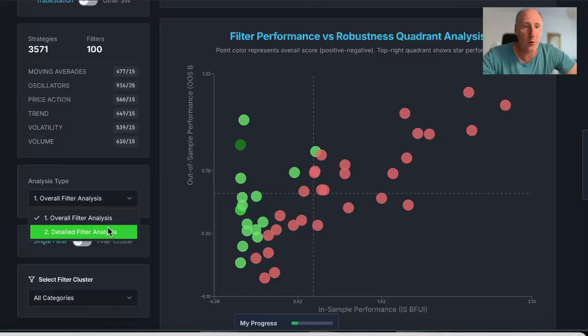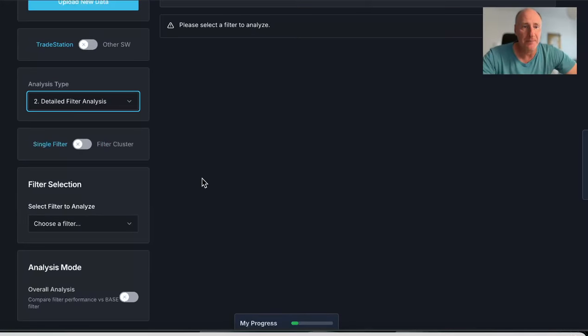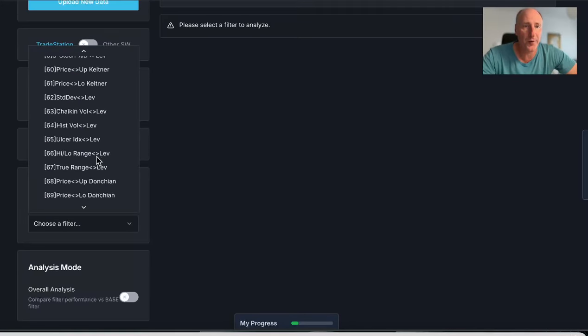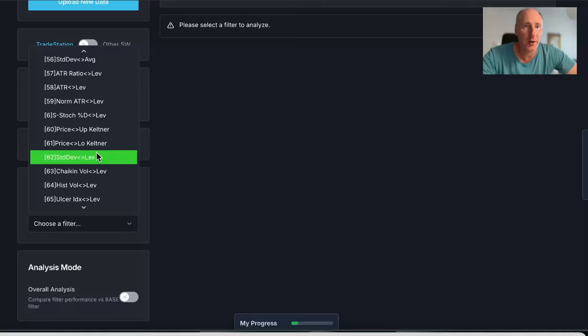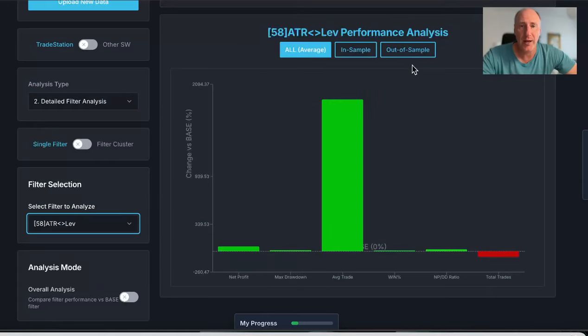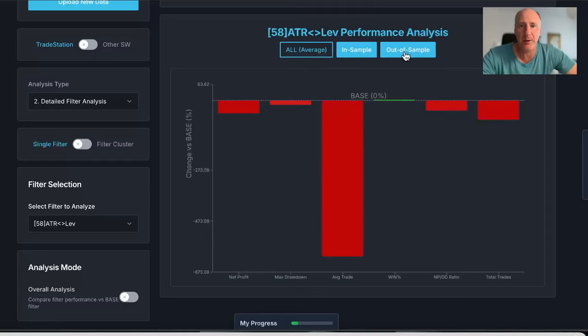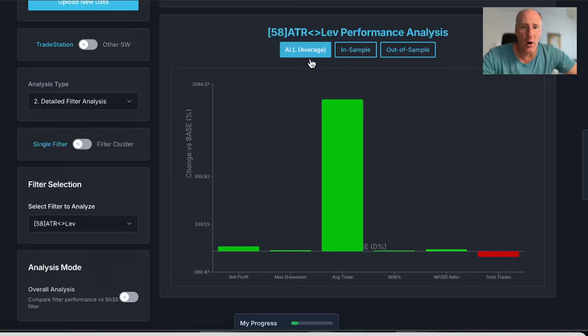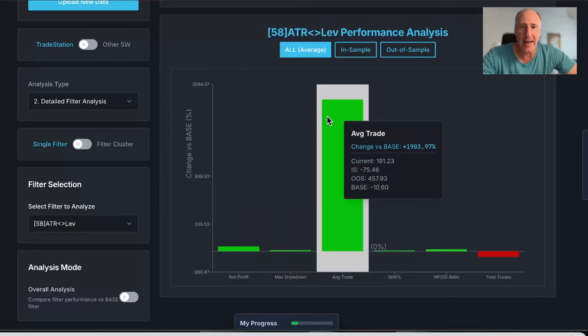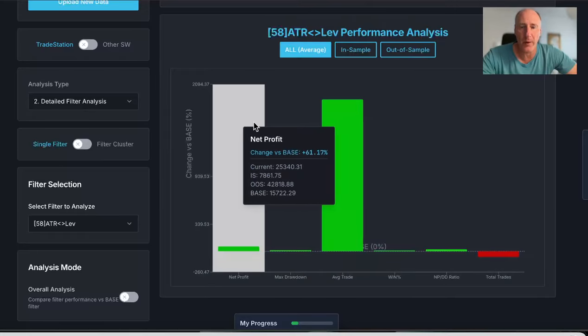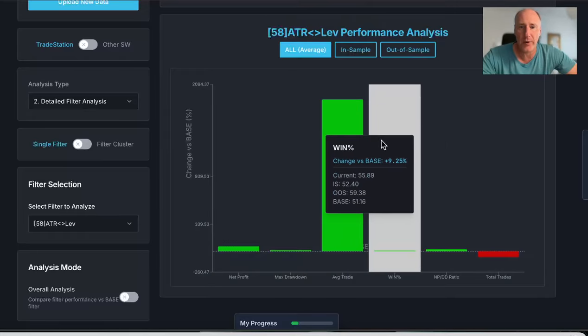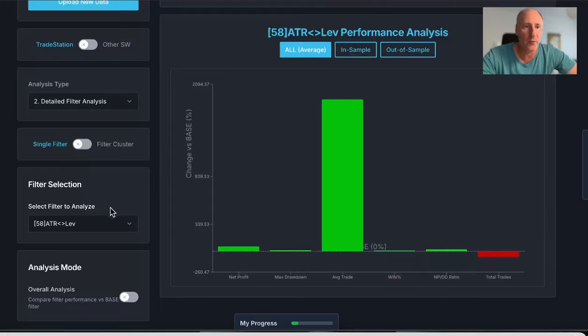We can also have more details on these two filters. So 58, okay, average true range, and this is overall which metrics it improves mostly in both in sample and out of sample. So overall, we see average trade improvement most, followed by net profit, max drawdown, win percentage, net profit drawdown ratio.